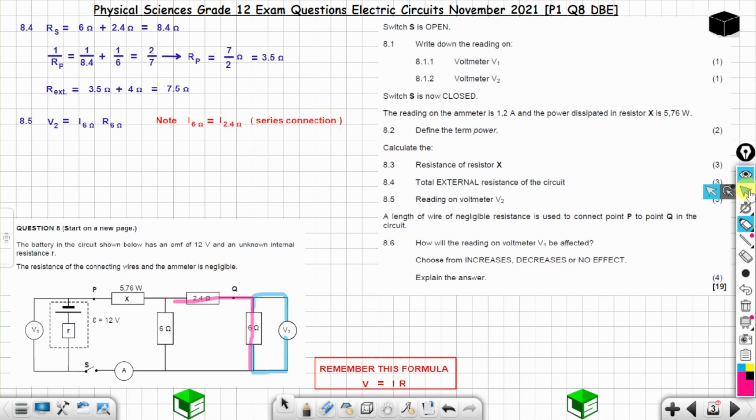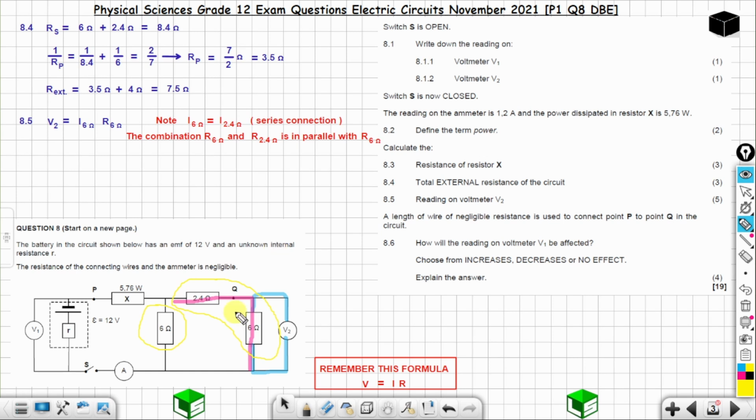You also have to know that this combination, the 6 ohms and 2.4 ohms resistors, is in parallel with this.